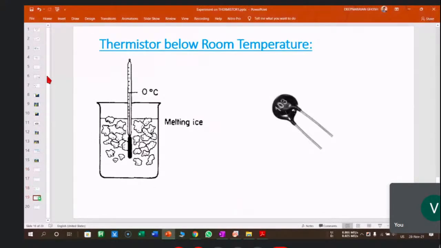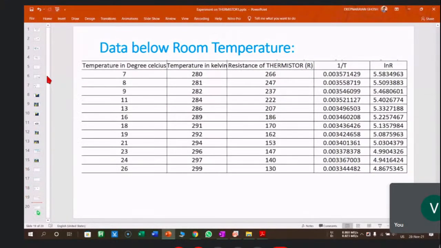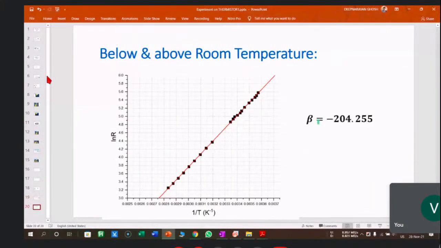The value of beta is about minus 204.255, as it is an NTC thermistor, negative temperature coefficient. So the beta is negative. For a PTC thermistor, beta will be positive. So this is the calibration of my thermistor.